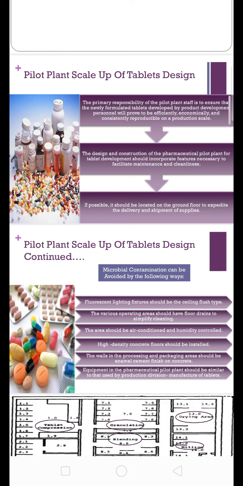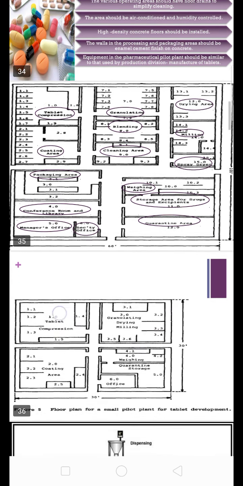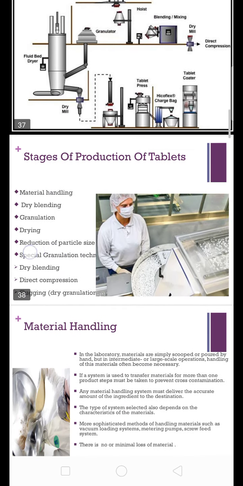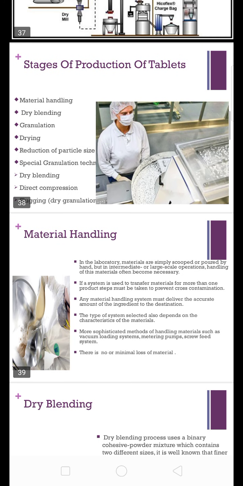Hello, good morning students. Today we are going to see the pilot plant scale-up of tablet dosage form. As we have discussed in the lecture, the stages for preparation of tablet and the key parameters that need to be controlled in the pilot plant of tablet.